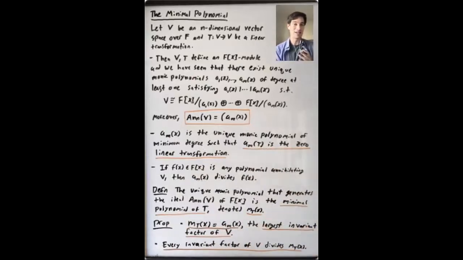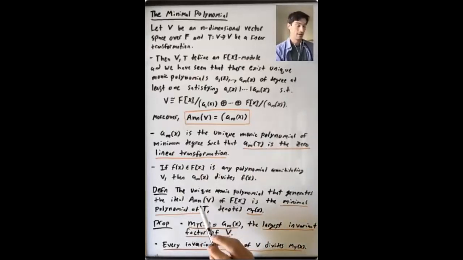So I'm going to give a definition, but we'll see where it leads right after. The unique monic polynomial that generates the ideal annihilator of V as an F[x] module is the minimal polynomial of this linear transformation T, denoted mT(x).